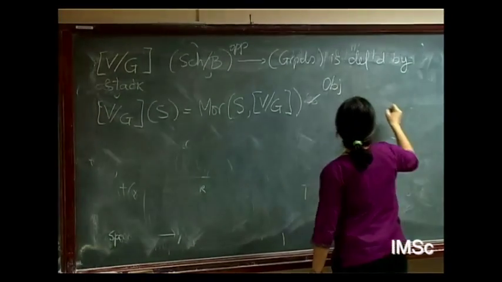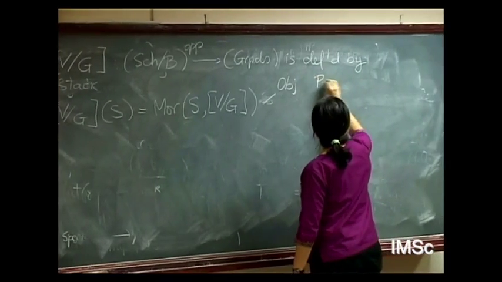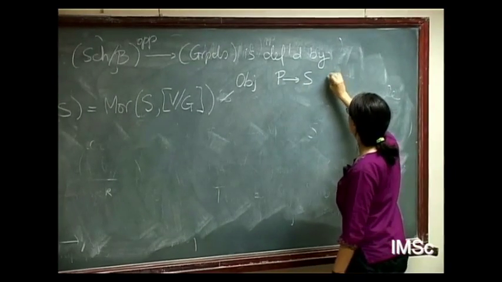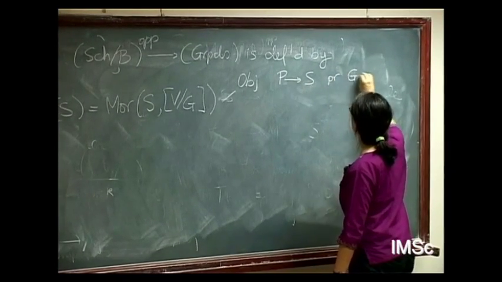The objects are P over S, which is a principal G-bundle.